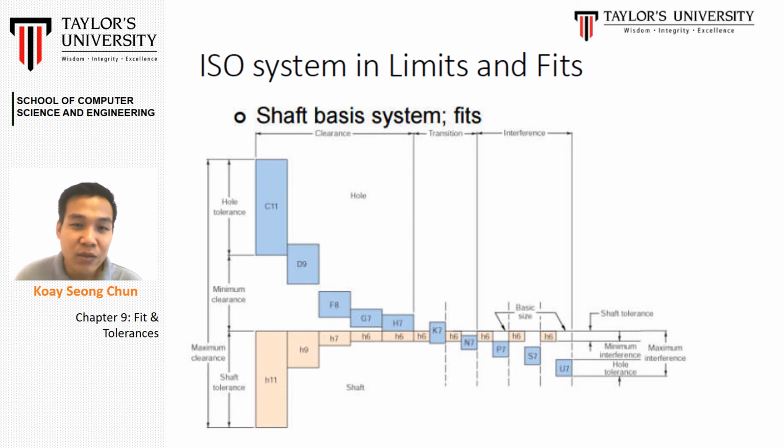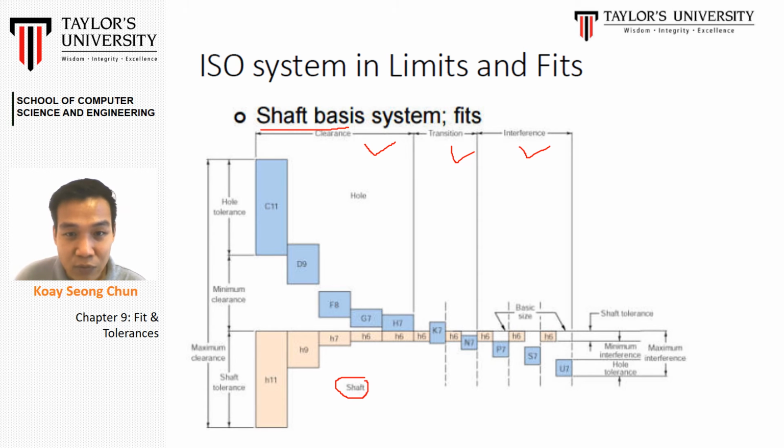In the opposite way, you also can do it by referring to the shaft basic system, where you only need to find the tolerance for the shaft according to what kind of fit you need.